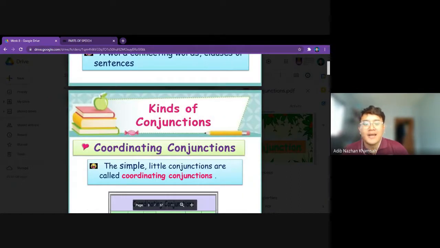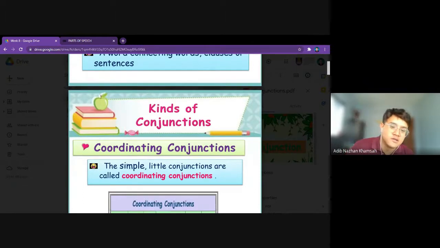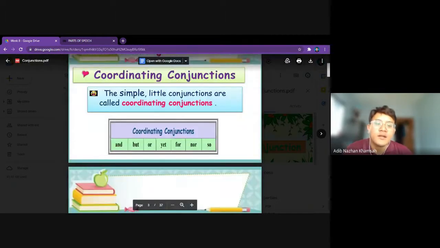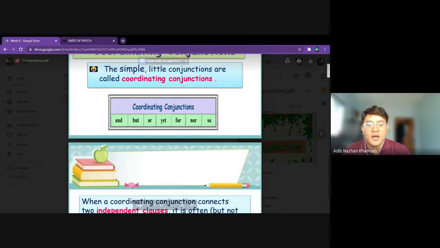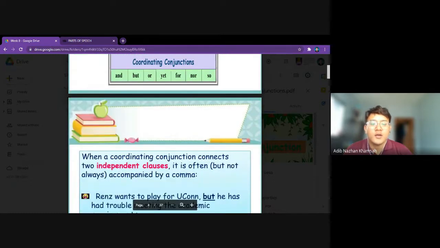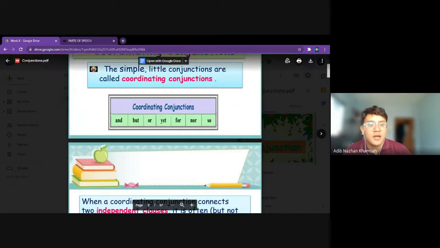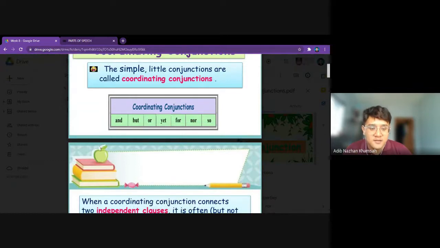So there are many kinds of conjunctions. One, coordinating conjunctions. This one is the simple one. The simple little conjunctions are called coordinating conjunctions: and, but, or, yet, for, nor, so. This one is very simple because you can find it in any texts.